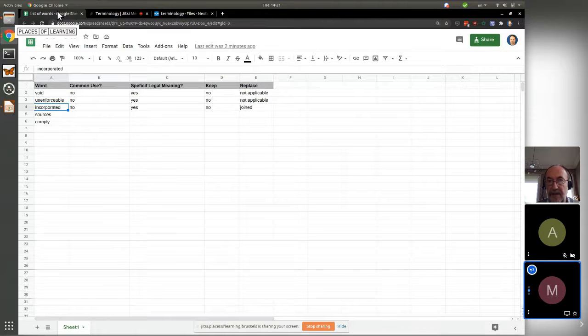It's something that you need to first think about: who is the reader of this contract or this legal content, and what is the region in which this legal document is entering into force.